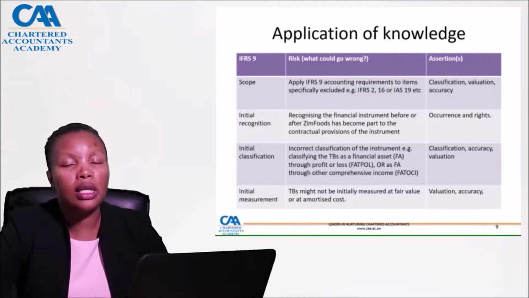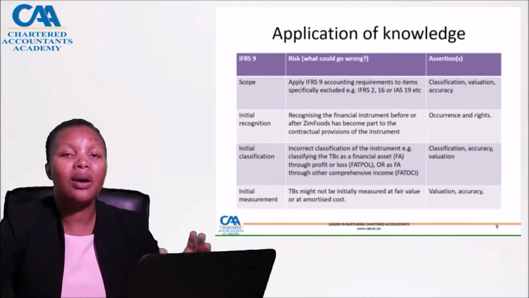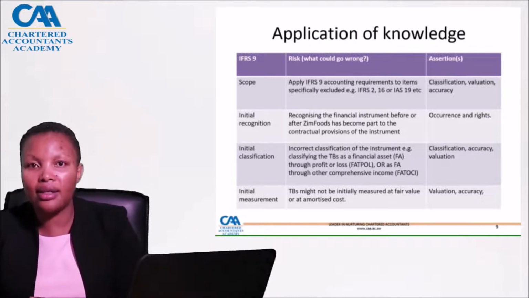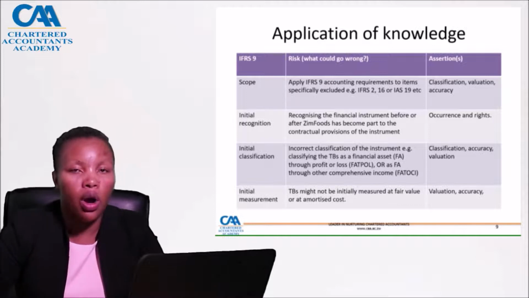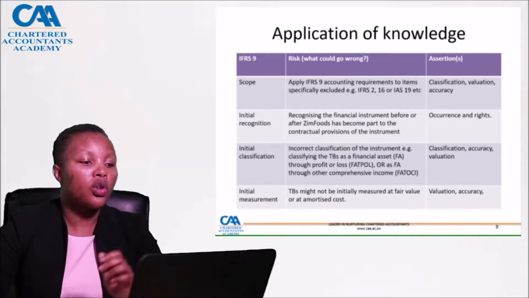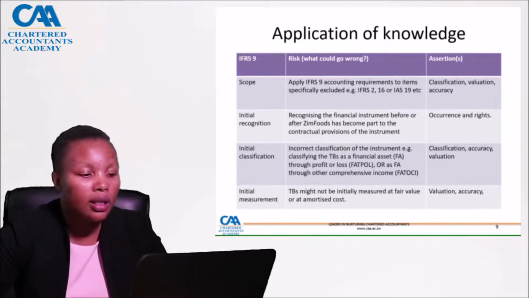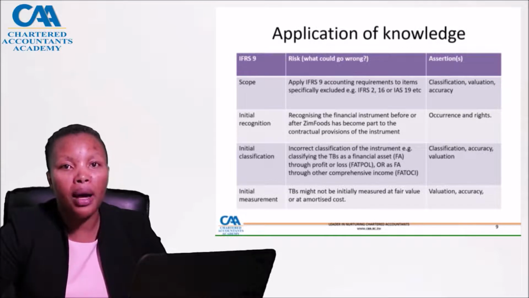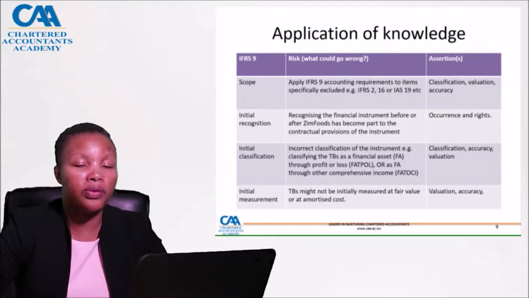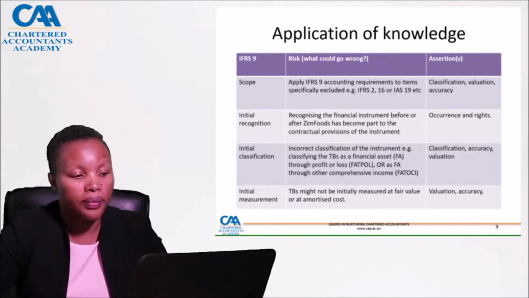Then let's go on to initial recognition. When we're initially recognizing this treasury bill, what can possibly go wrong? Recognizing the financial instrument before or after Zim Foods has become a party to the contractual provisions of the instrument.